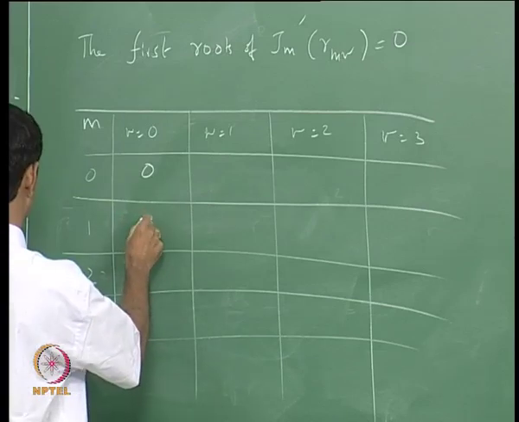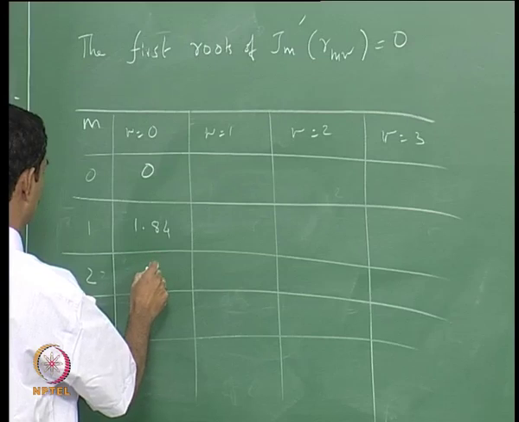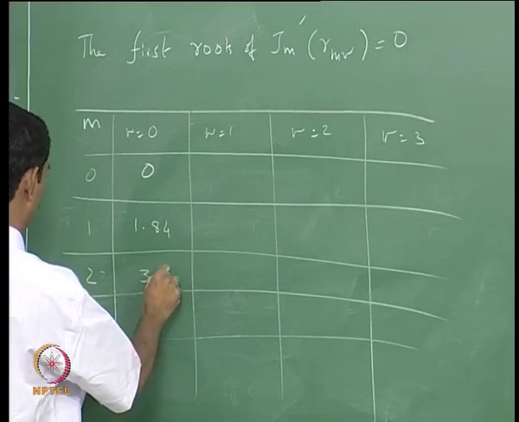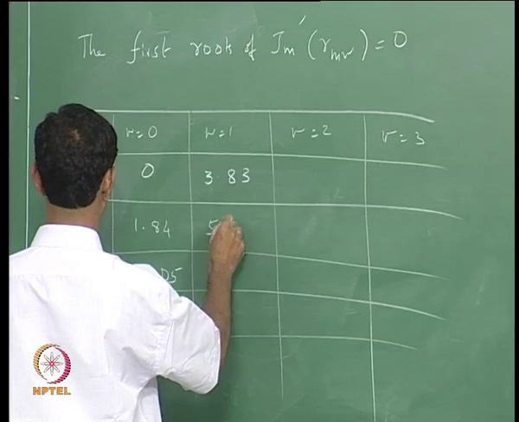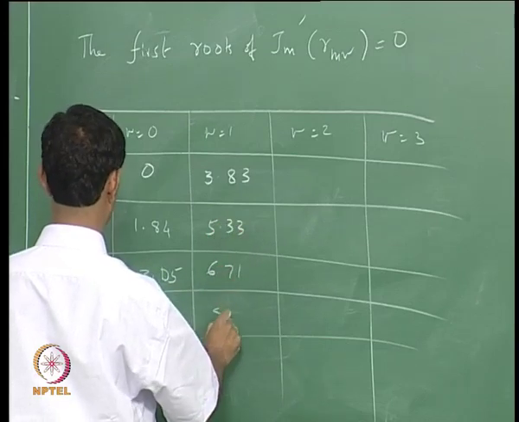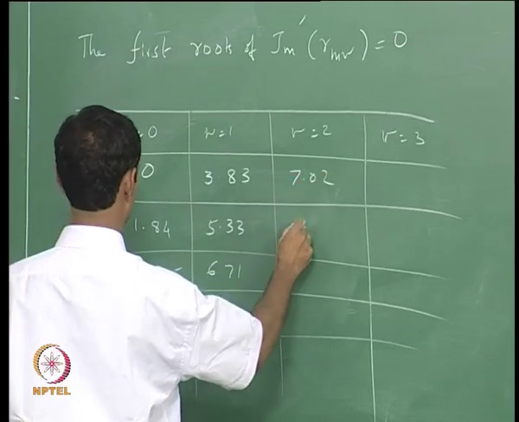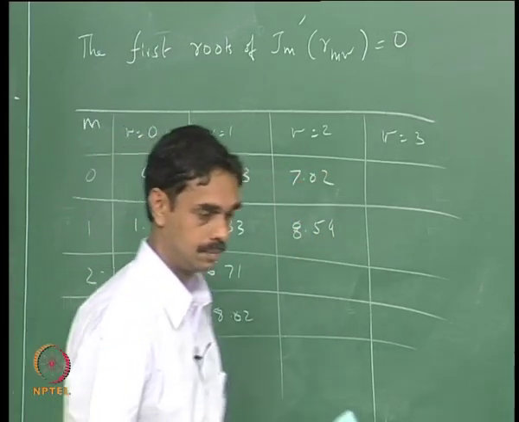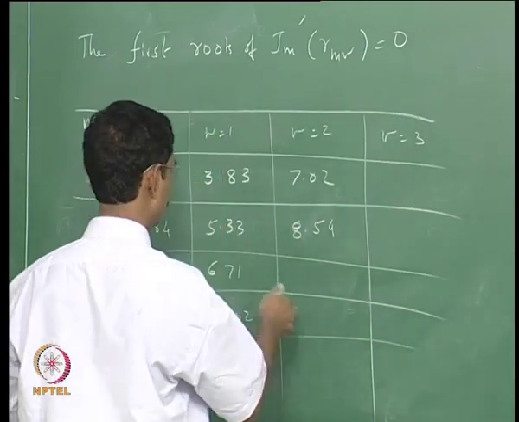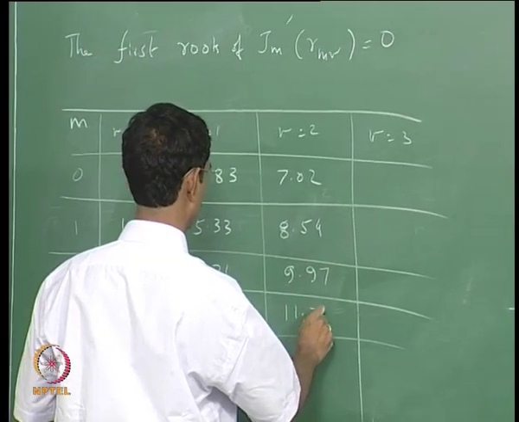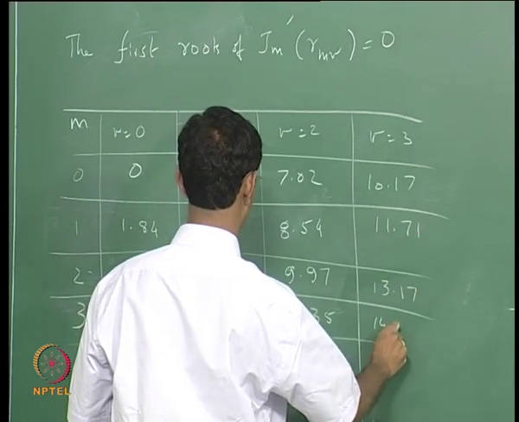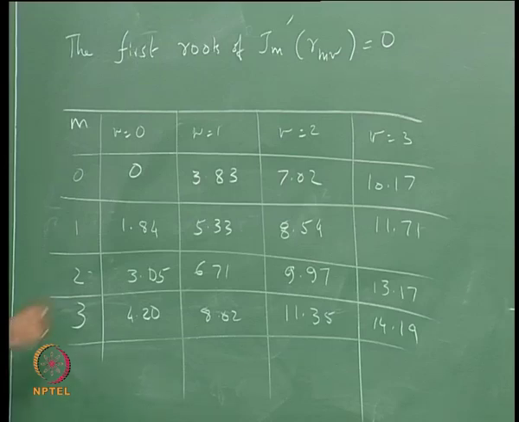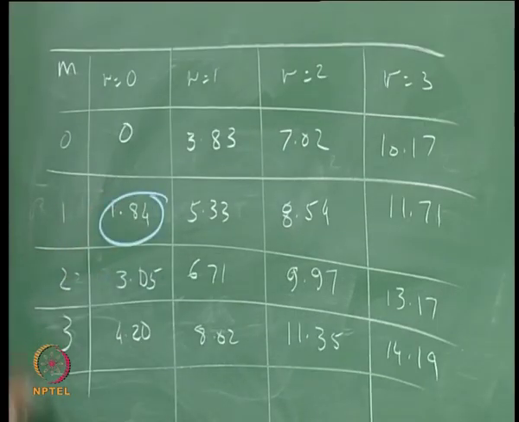So you have a 0 here. This is the very first one that is coming, corresponding to m equal to 1, nu equal to 0.